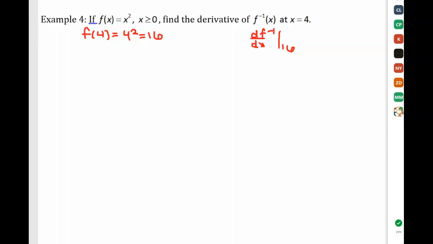And once again, if we use our new method, it would be like saying x equals y squared. The derivative of that is 1 equals 2y dy dx. And then you get dy dx equals 1 over 2y.